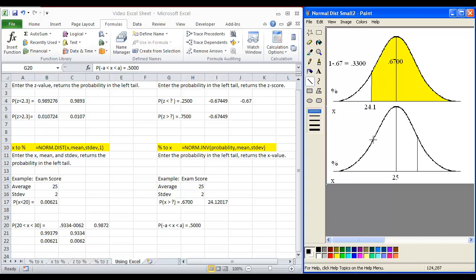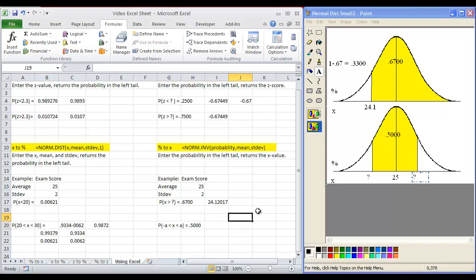So if I want 50% of the values, I know that this is 50% of the values then, 0.500. And I need to figure out what the two things are at the bottom that are associated with that. So what is my lowest score on my exam to be in that middle 50% and my upper score to be in that middle 50%?